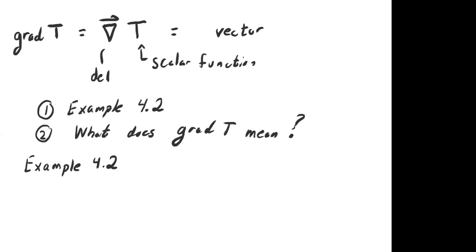Let us take a function. Let's say that the temperature of a room at any point x, y, z has this behavior, x squared plus y squared minus z squared.